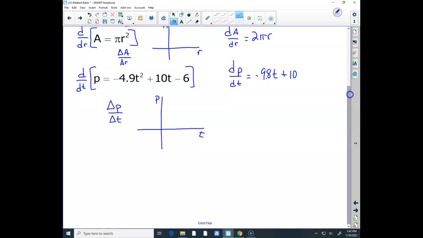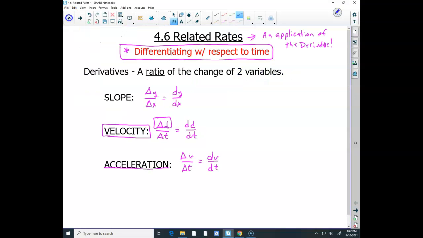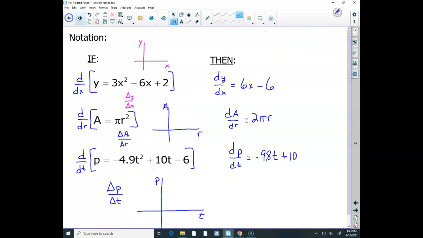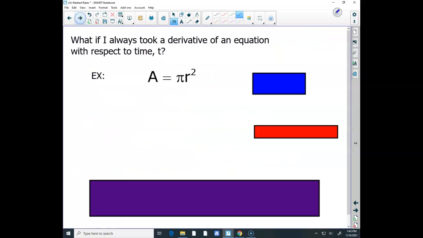It's all about notation. It's all about impressing your friends, utilizing differential notation, okay? And when I'm talking about related rates, that's what I want. I want differential notation. And what I want to do here is think, well, what if I always took the derivative of an equation with respect to time? Well, that's kind of wonky because you're thinking, whoa, how the heck do I even do that?